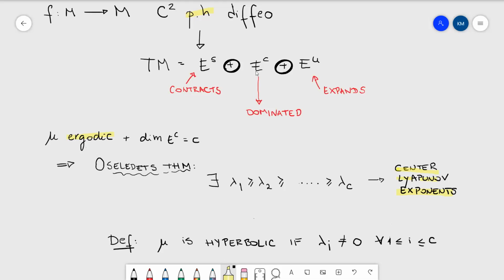And I have several tools to study the dynamics when I have a measure that is hyperbolic. So finding conditions for a measure to be hyperbolic is a very difficult problem. It's a completely different problem from the one I'm going to talk about today. Today, what I want to say is something about the continuity of these numbers.